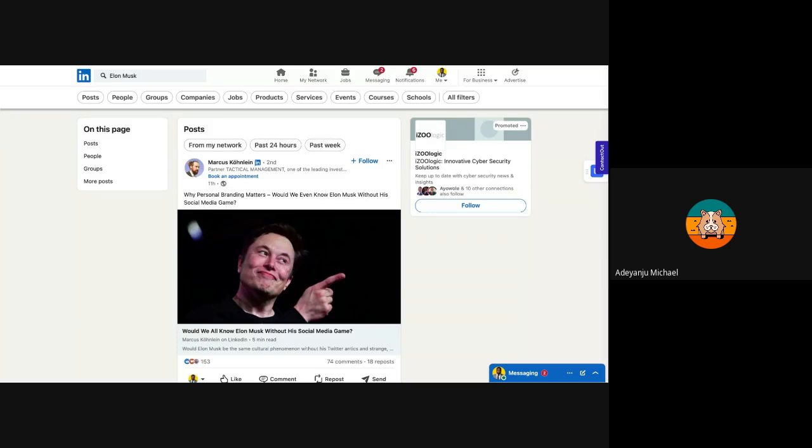My screen is up. Everyone can see my screen. Please, if you can see my screen, give a thumbs up. I think everyone can see my screen. So I'm not having network issues. I'm not having network issues today. So I'm very aware of that.